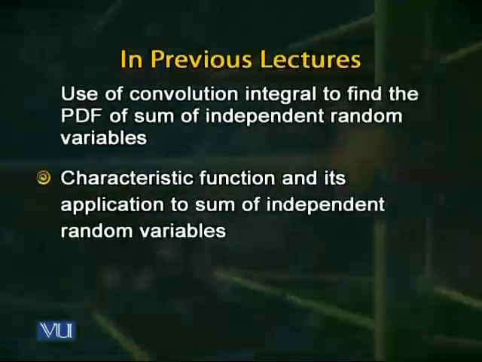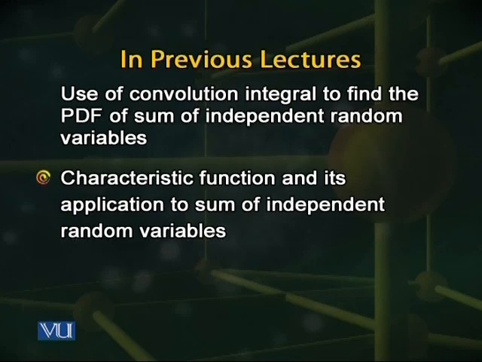We also talked about characteristic functions, which are expected values of a special complex valued transformation from a real valued random variable. We learned that if we take characteristic function of a convolution integral, then the answer is multiplication of two characteristic functions, where first characteristic function is the characteristic function of first PDF used in the convolution, and the second characteristic function is characteristic function of the second PDF used in the convolution.